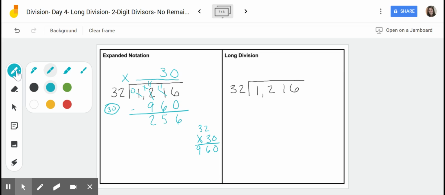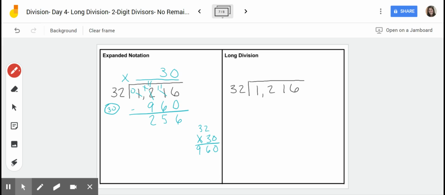And then we repeat the process. 32 times what number will get me close to 256 without going over? I can use 30 to help me reason through that. So I'm going to skip count through by 30s again and use that knowledge to help me. So 30, 60, 90, 120, 150.